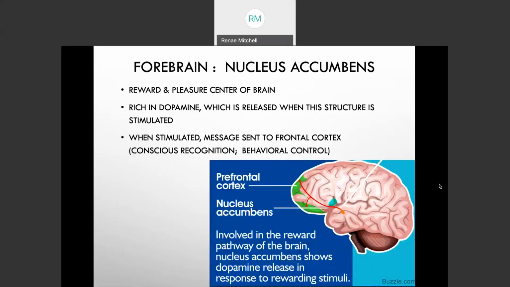And then the nucleus accumbens, the last part of the forebrain that we'll talk about, is located in blue on this diagram. And so it's at a part of the frontal lobe that is close to the temporal lobe.